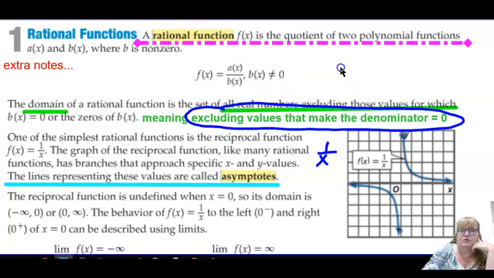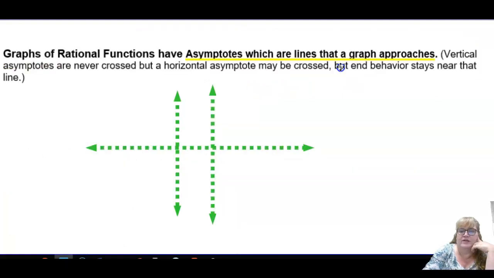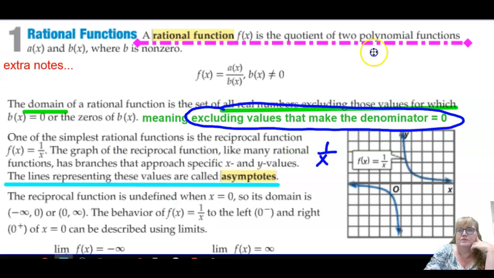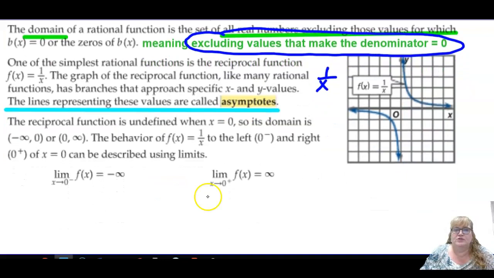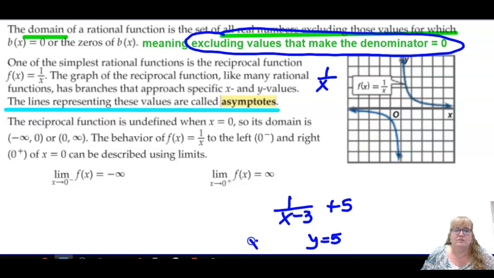And you can do transformations on that. Does it not have any more pictures here? Okay, so just real quick, this would slide to the right 3 and up 5, so it would make the y equals horizontal asymptote at 5, because right now it's y equals 0, or the x-axis, and it would make a vertical asymptote at 3, which slides that vertical asymptote to the right 3.